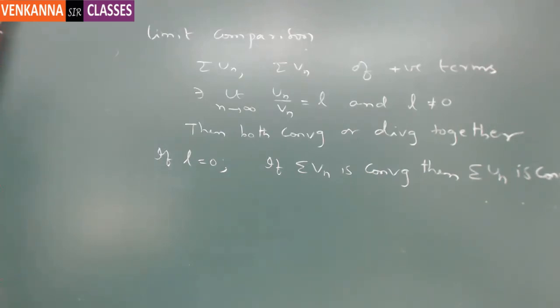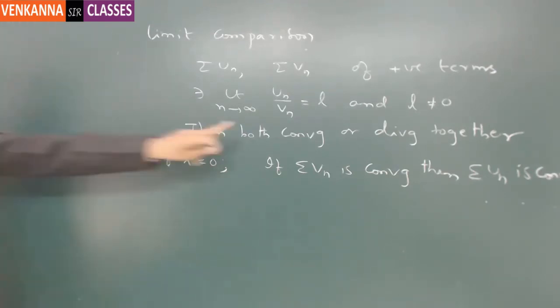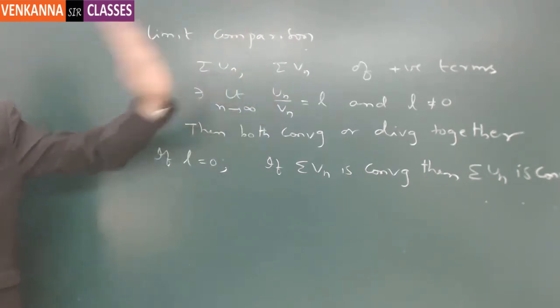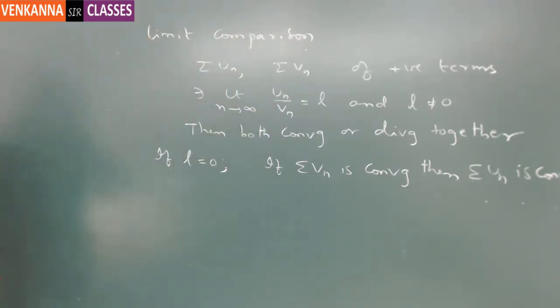It means both will converge or both will diverge. And if the limit is equal to 0, then if the denominator series is convergent, then the numerator series is also convergent. Okay? That was the statement of limit comparison test. Please check.